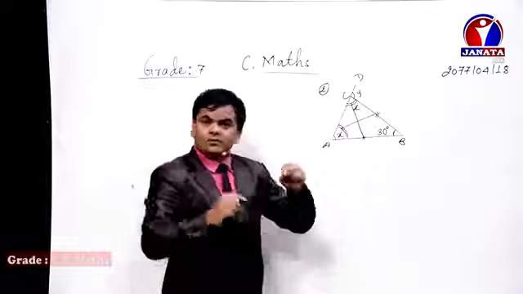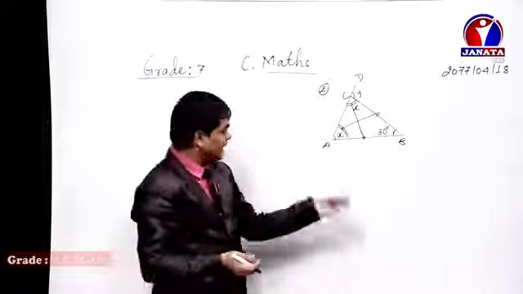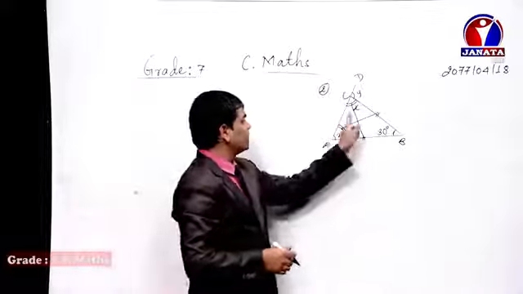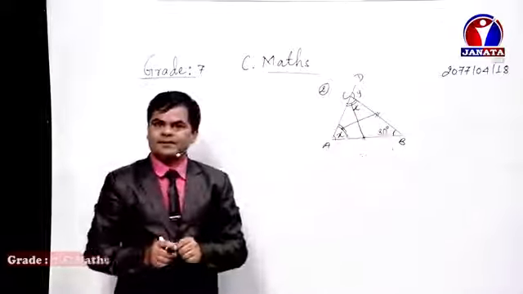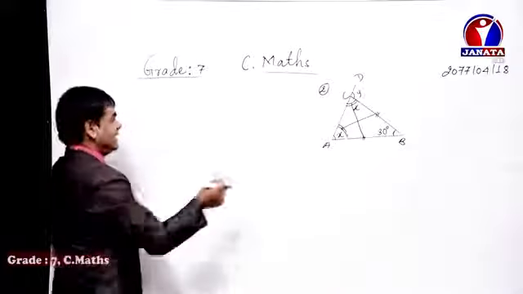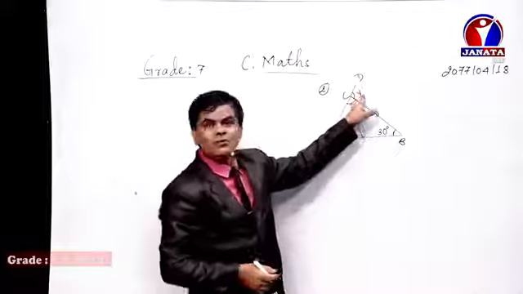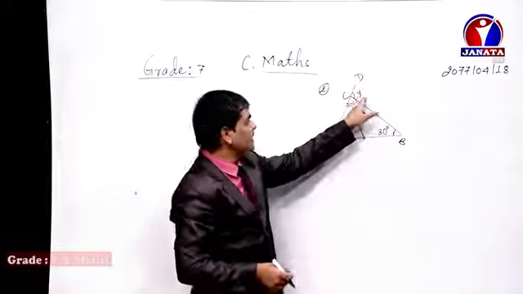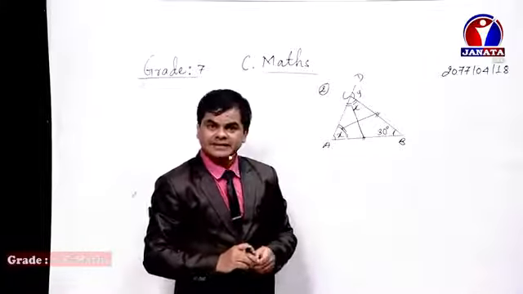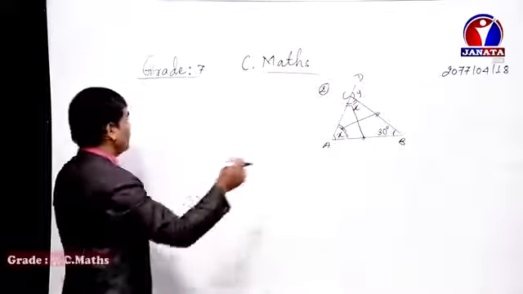Whether the triangle is isosceles, equilateral, or any other, the sum of angles of a triangle is 180 degrees. So x plus 30 degrees equals 180 degrees. Then after finding x, you can find y as well, dear student. X plus y are angles formed on a straight line, so x plus y equals 180 degrees.